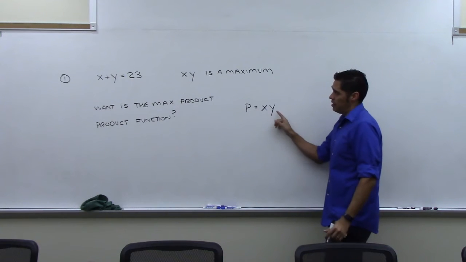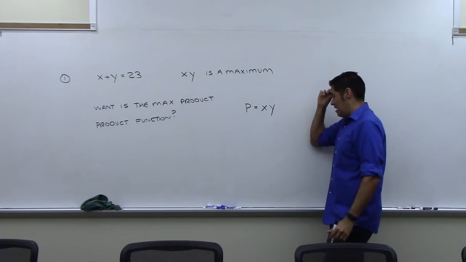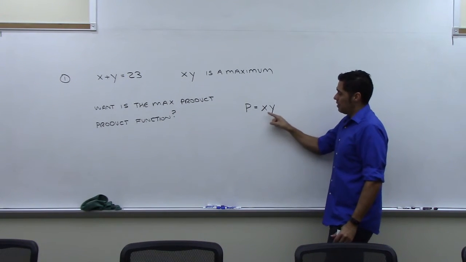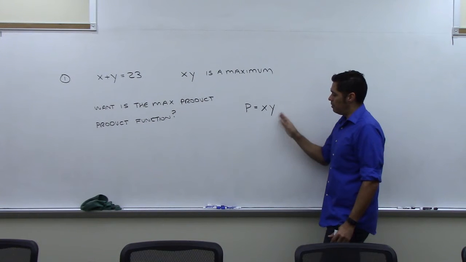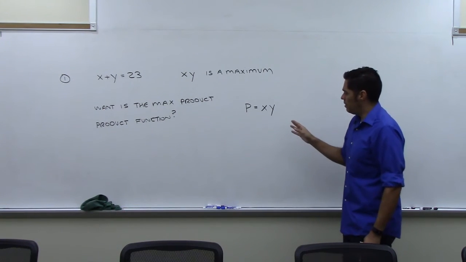The product is just x times y. I'm going to call it p. We want to know when this is the biggest possible. But right now, p depends on two variables, so I want to get rid of one of these variables.